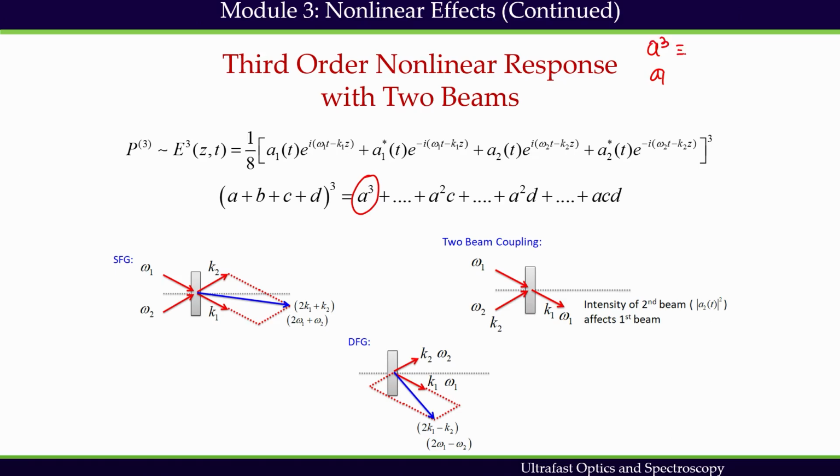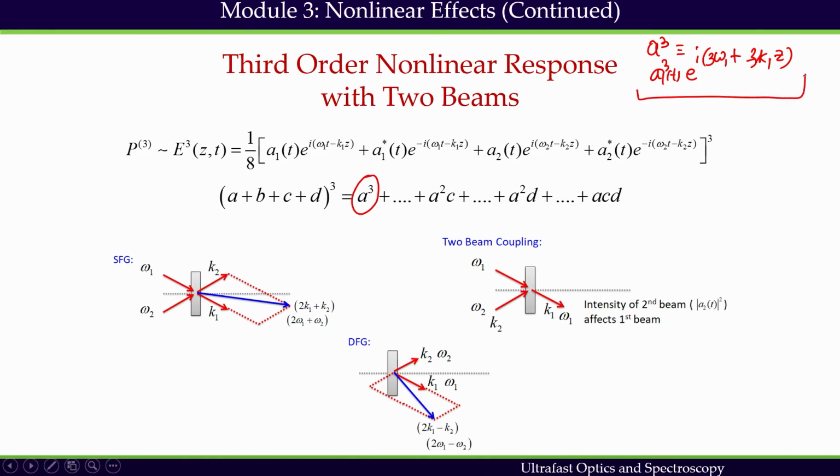A cube is equivalent to A1 cube(t) e to the power i(3 omega1 t minus 3 k1 z) plus A1 cube star(t) e to the power minus i(3 omega1 t minus 3 k1 z). So the A cube term is going to be only this part.